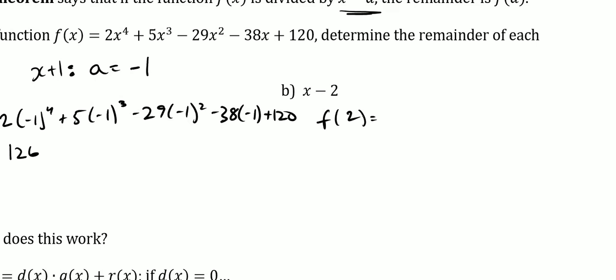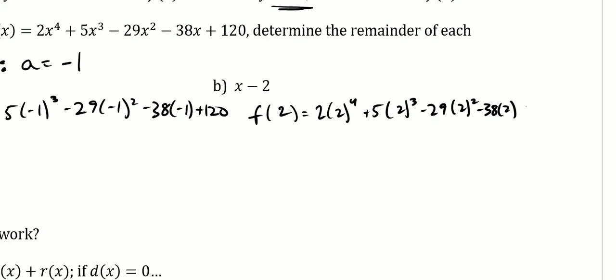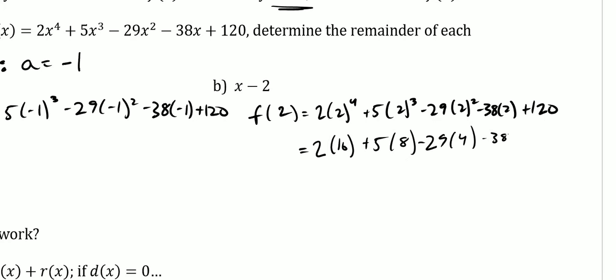Good. So again, in your head, you could do something like 2 times 16 plus 5 times 8 minus 29 times 4 minus 38 times 2 plus 120, and put that into your calculator.